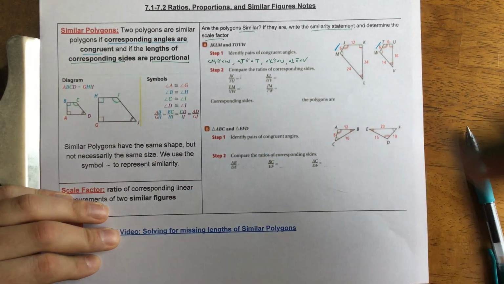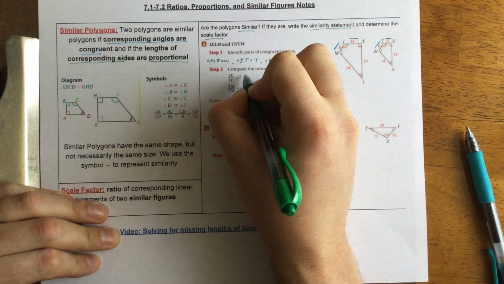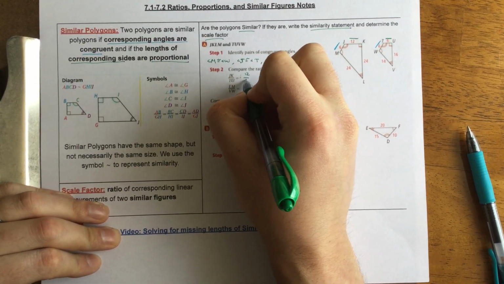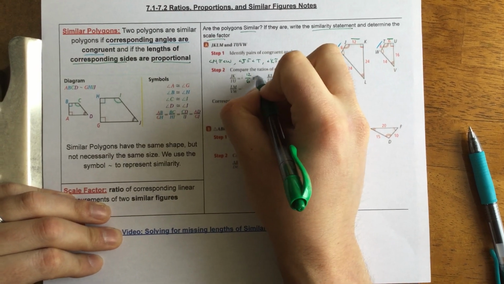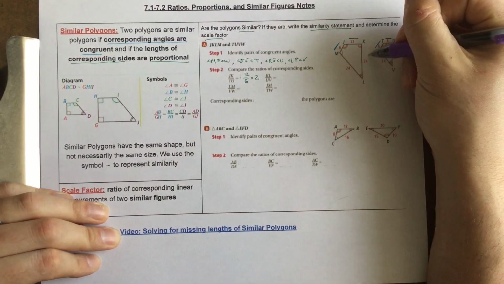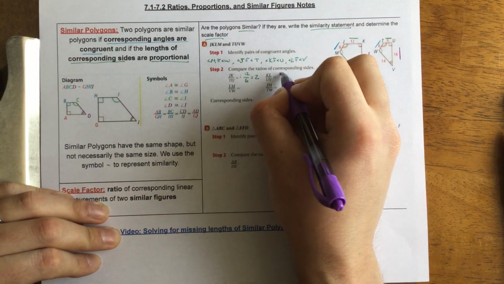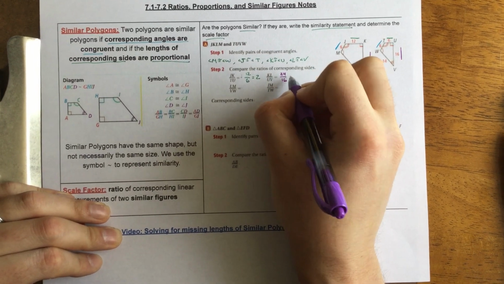I wrote this a little out of order, I'm sorry. JK to TU. JK was 12, TU was 6. If I were to simplify that, that would be 2. KL corresponds to UV. So 24 over 16.